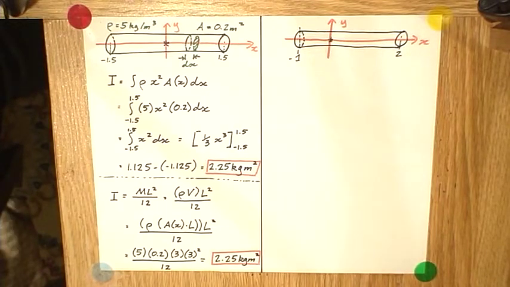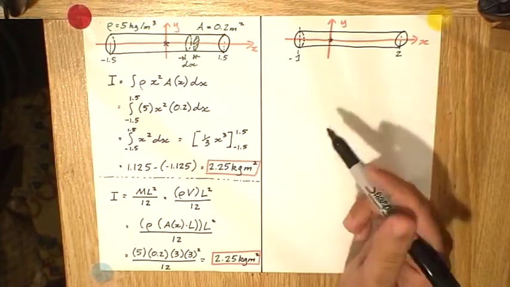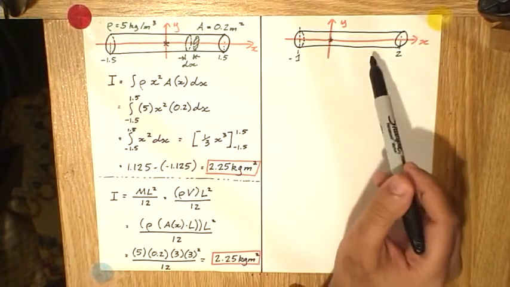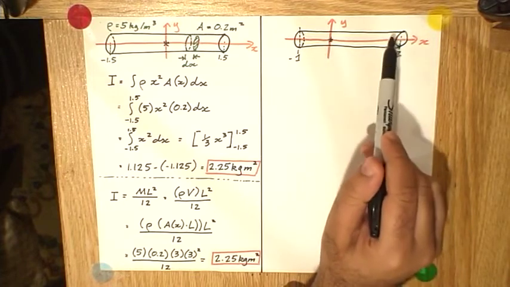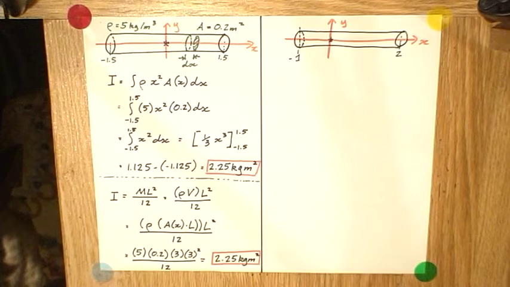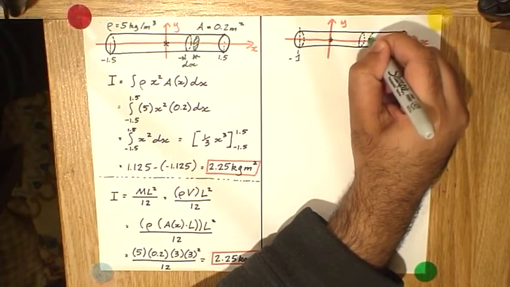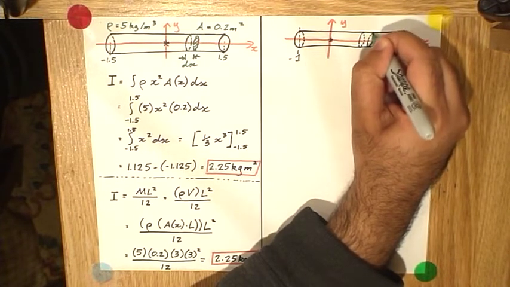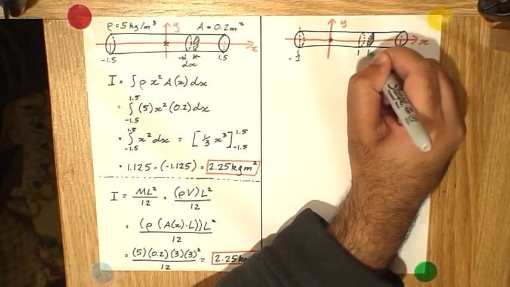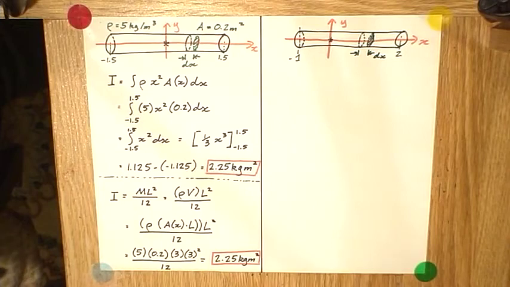So now that we have this information, we are going to solve, using direct integration, what is the moment of inertia of the object in this configuration. And just to be absolutely clear, why don't I draw an infinitesimal slice again? So it's a very similar operation to before.